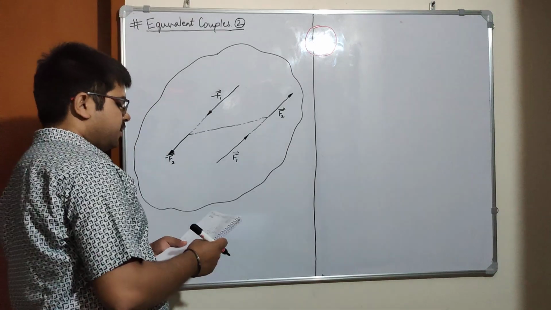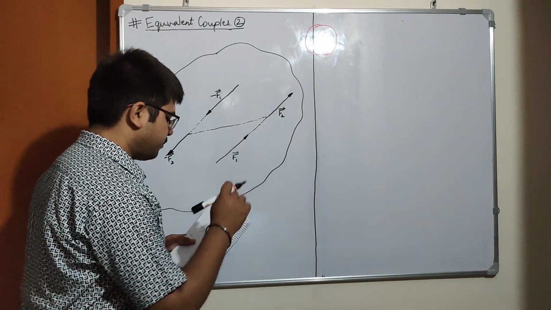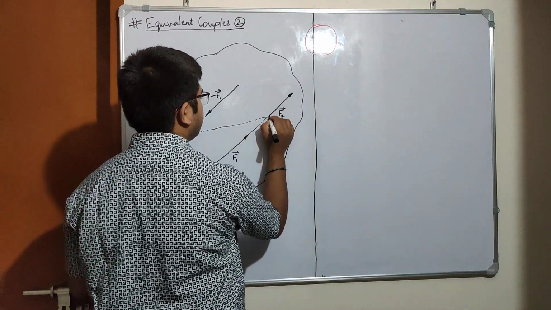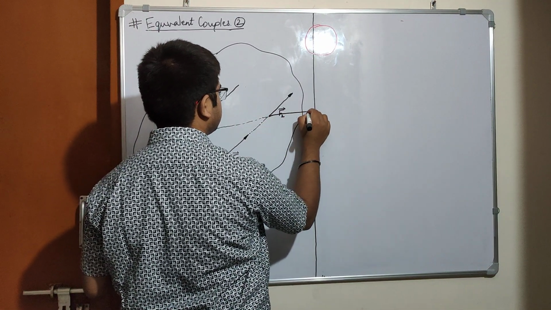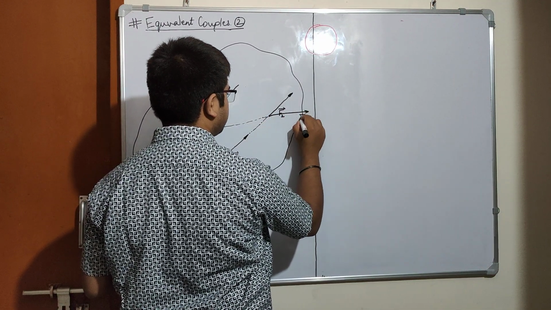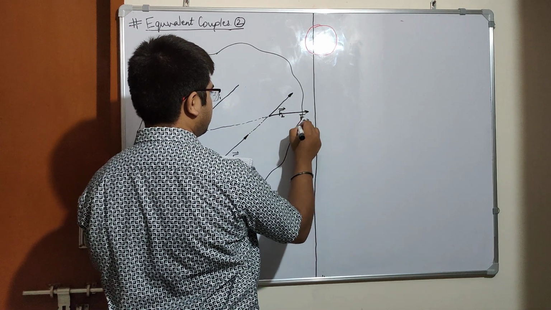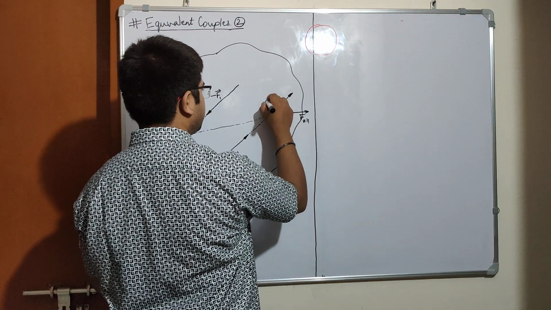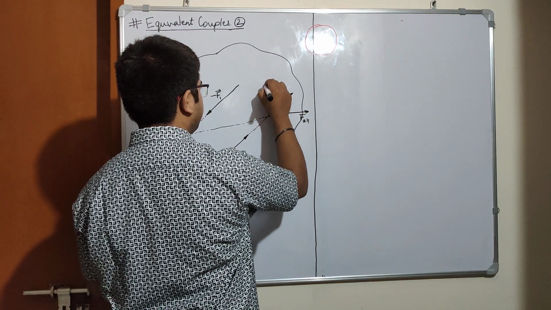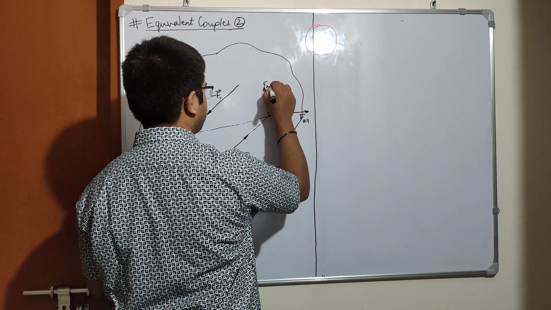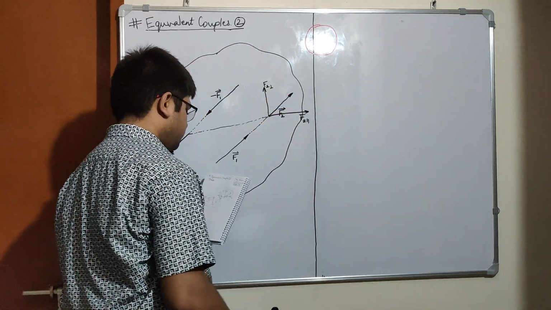Now I'll resolve this F2 vector into two components. One would be along this direction, that is F2 parallel, and one would be along this direction, that would be F2 perpendicular.